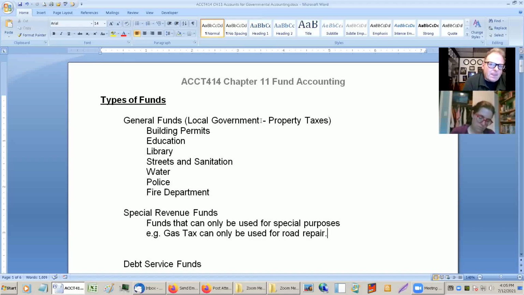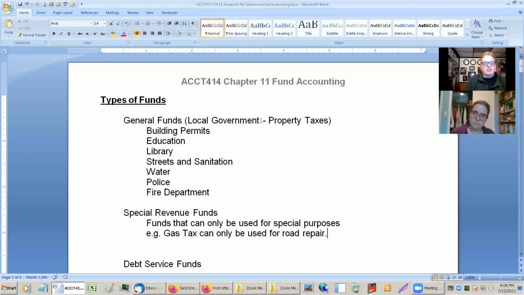And if they are not used for those special purposes, they're not considered revenue and they must be repaid. So a lot of times you hear about them spending all the money out of this fund because if they don't spend it, it's not earned. And if it's not earned, then it goes back. It's sort of like a liability.